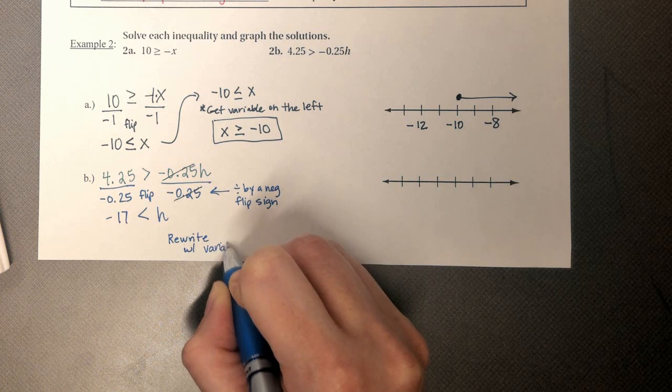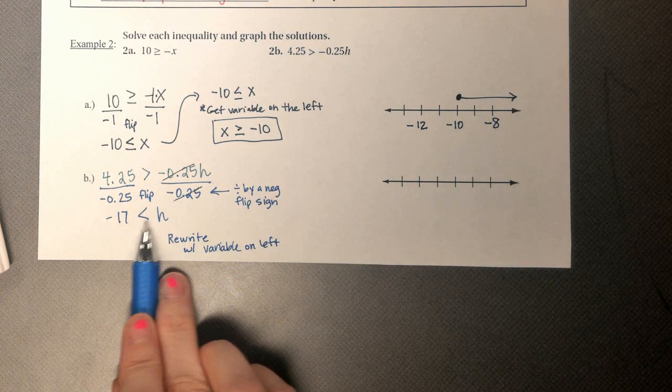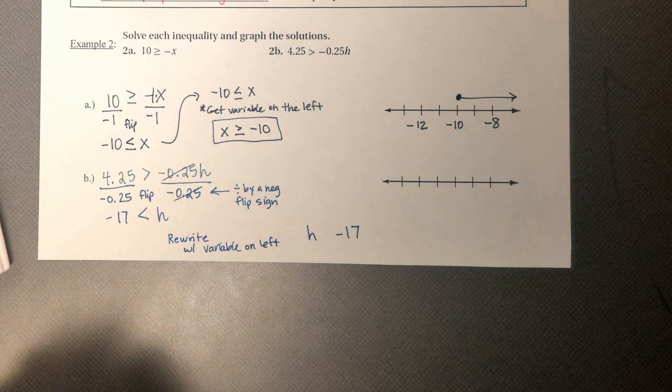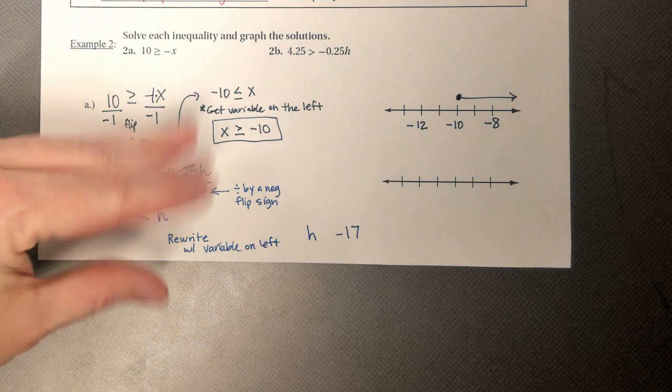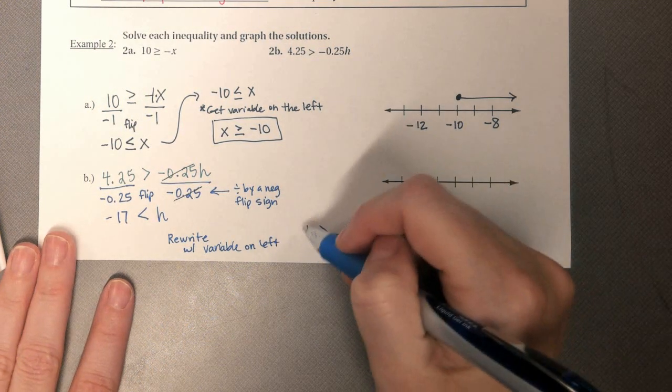And then let's rewrite with the variable on the left, if it's not already there. Okay, so if I rewrite it with the variable on the left, okay, again, the alligator is eating the H, right? So if it's eating the H, I'm going to flip it.